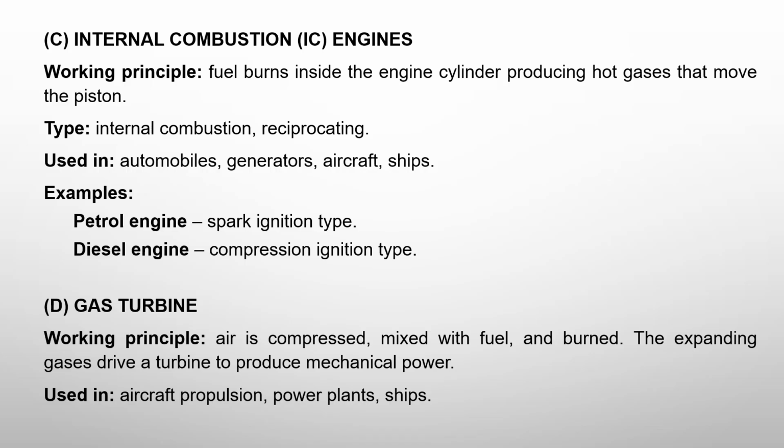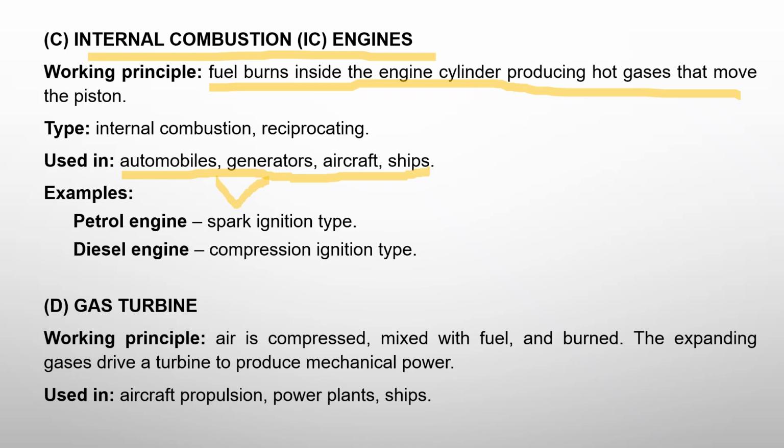Next is the IC engine. In case of the internal combustion engine, fuel, that is either petrol or diesel or LPG or CNG, will burn inside the engine cylinder, and it is used to run automobiles, aircraft, ships, as well as in the DG set, that is the diesel generator set.